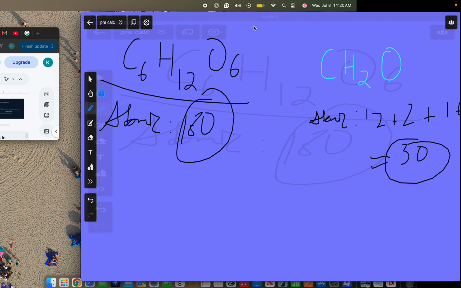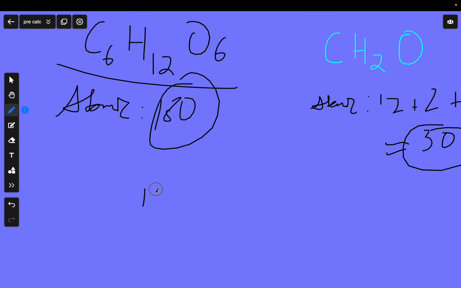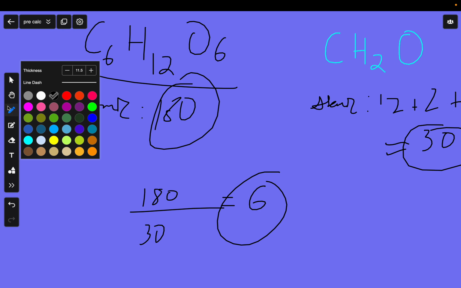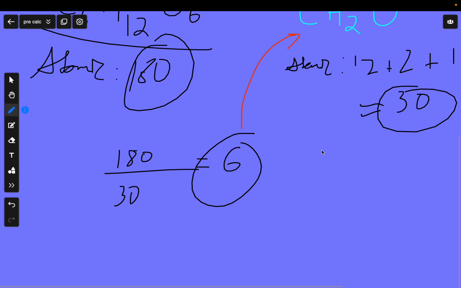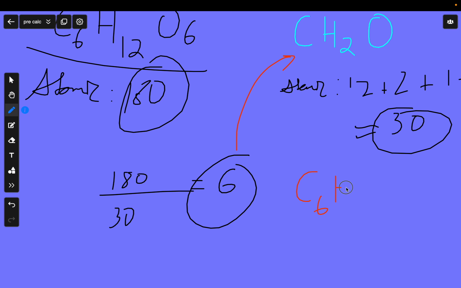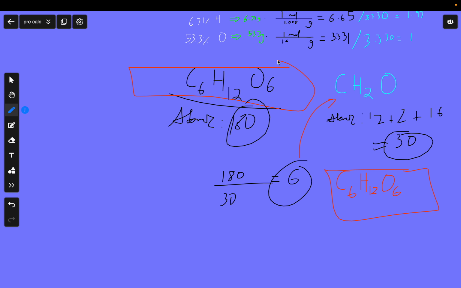The weight of the molecular, 180, divided by the weight of the empirical, 30, will get you a multiplier of 6. And that means all of these things need to get multiplied by 6. So you would do C1 times 6, C6, 2 times 6, H12, 1 times 6, O6, and guess what? Now you're back at the same level that you wanted.